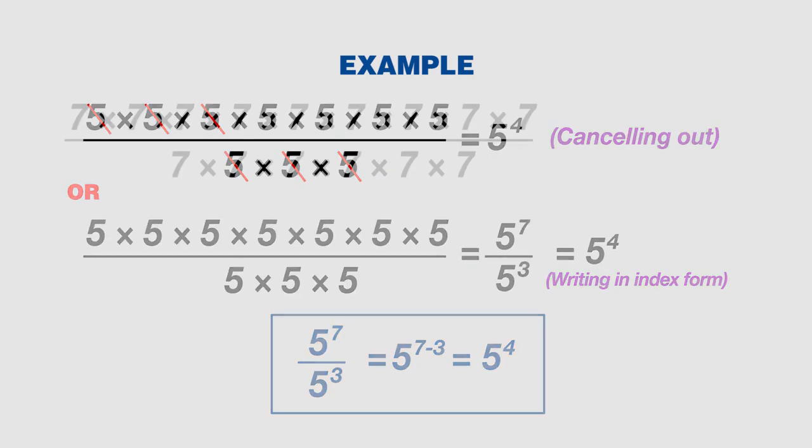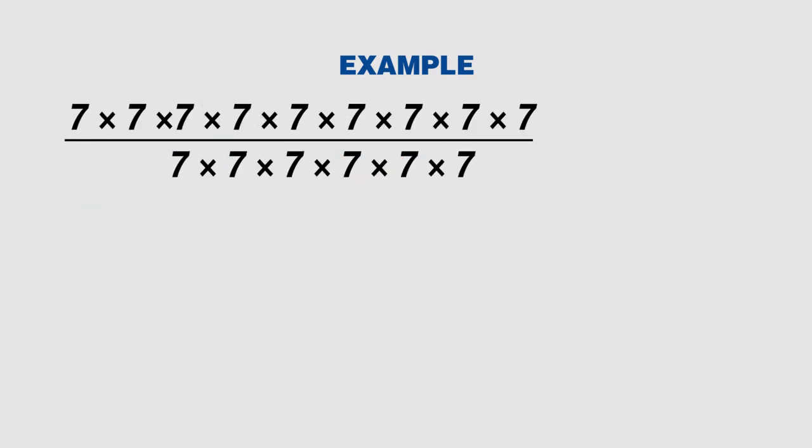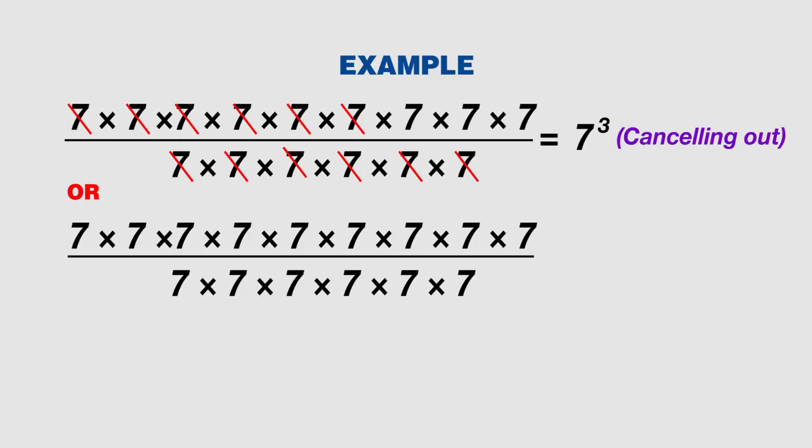Now, what if you have 7 multiplied by itself 9 times divided by 7 multiplied by itself 6 times? Again, you can take your time and cancel out. And when you do that, you get 7 raised to the power 3. You can also write them in index form.